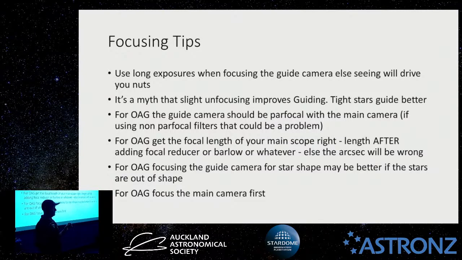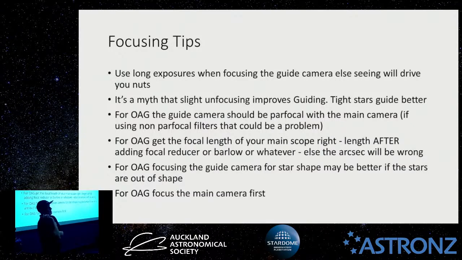For OAG, you're actually not looking at the main camera frame. You've got a separate frame off the main one. So you're looking at stars on the edge of your imaging circle, and that's where you have the least quality, and that's where your lack of collimation shows up the most, and where you can get funny shaped stars.